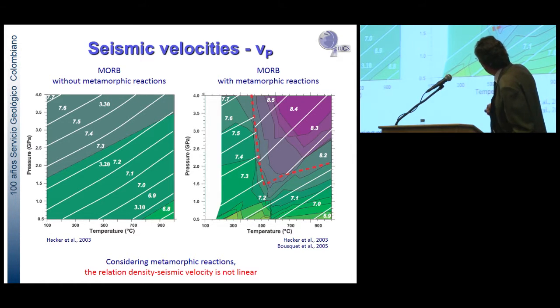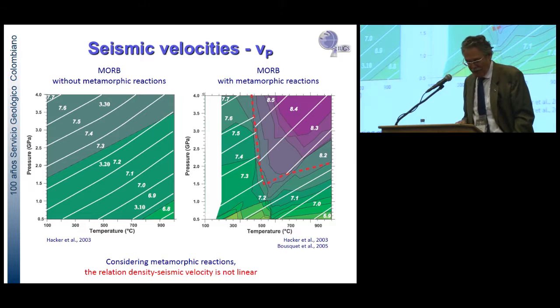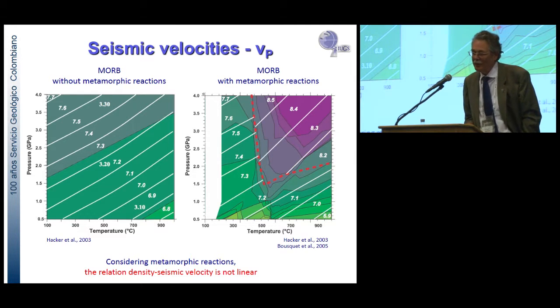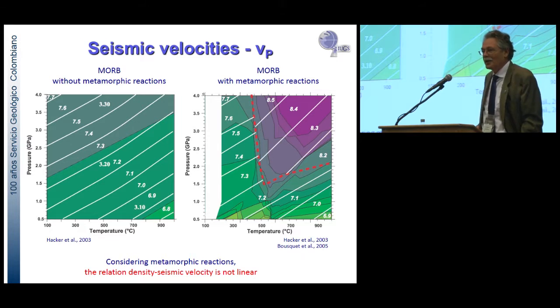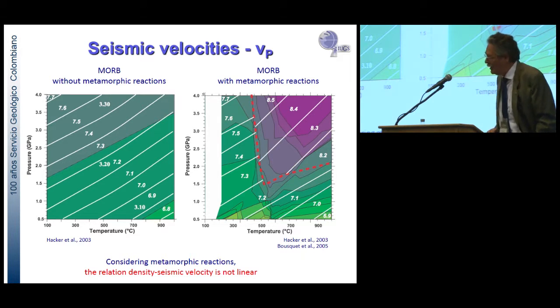But if you take the adapted model with the metamorphic densities, then the seismic velocities are distributed quite differently in space, in P and T space.